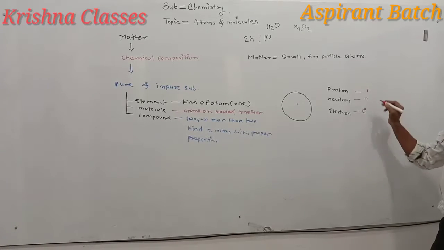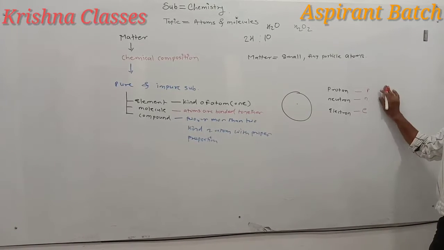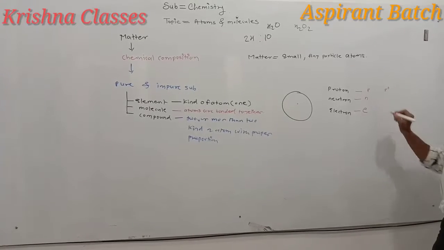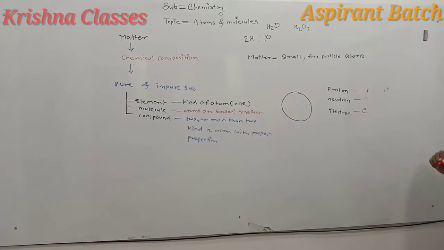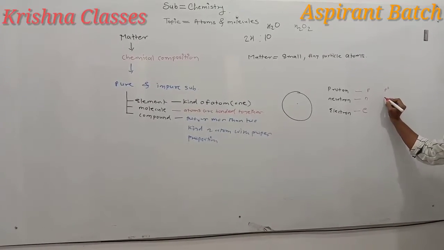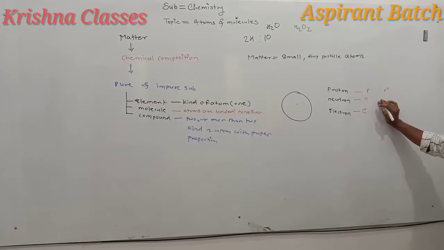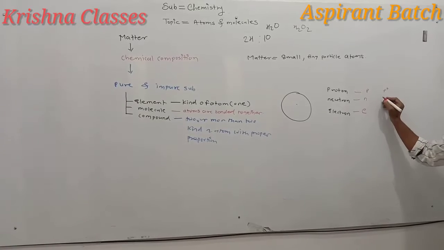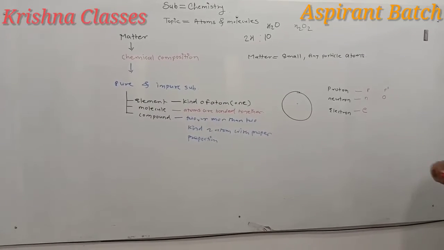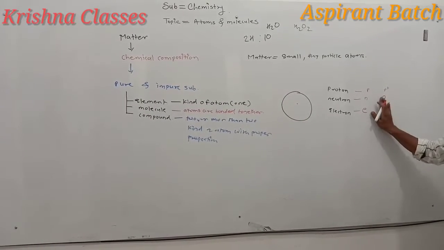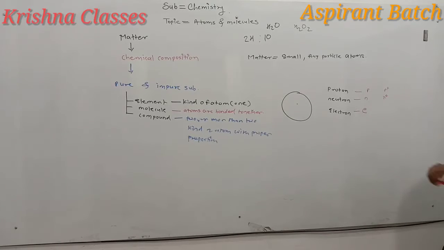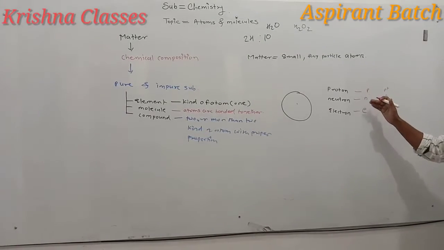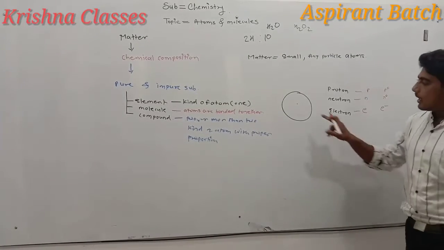Proton carries positive charge. Neutron is a chargeless particle. It does not have any charge. It has zero charge. Then electron carries negative charge. These are the three different types of particles present in an atom.